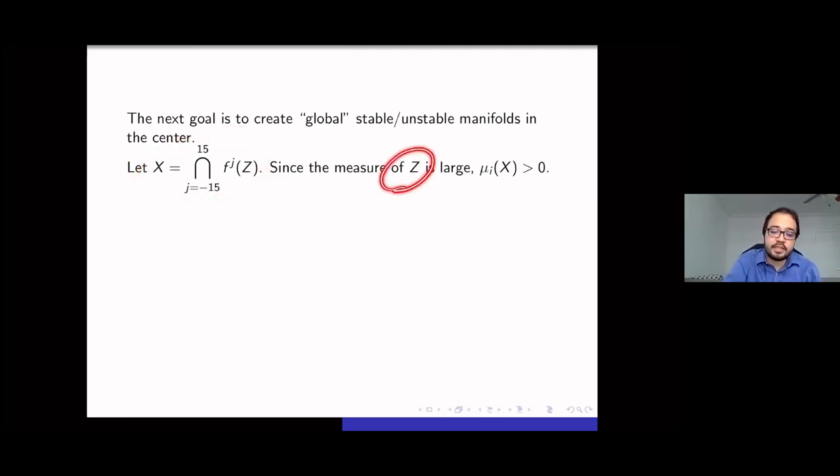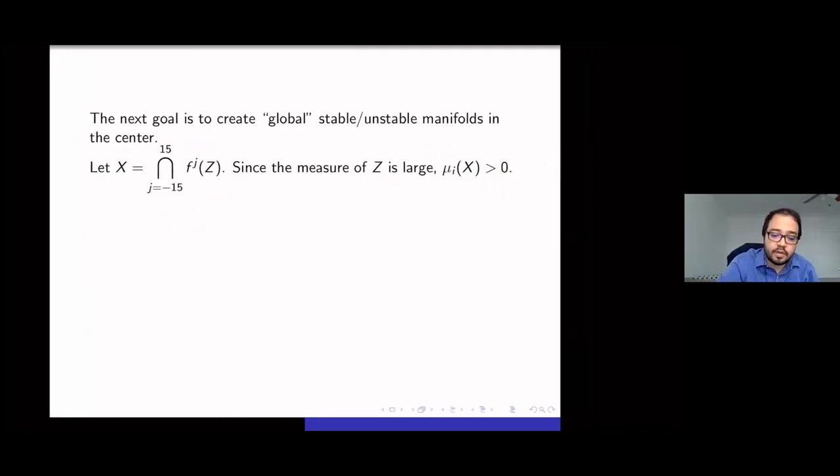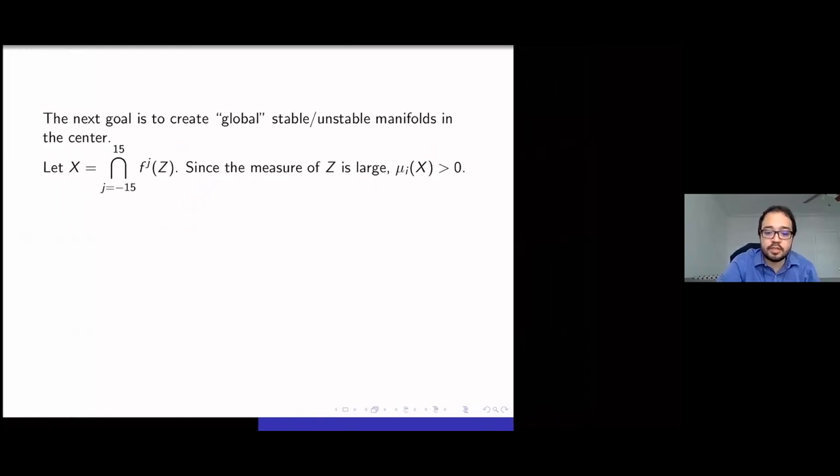And the fact that Z has large measure, like 1 minus rho, implies that the measure of X is positive for any ergodic component. You're looking at the measure of the intersections, then you can obtain that it's positive.